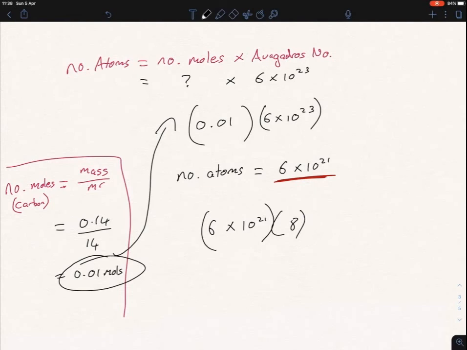Because if there's 8 neutrons per atom, and this is our number of atoms, this is going to be the total number of neutrons. When you multiply the two together, you get 4.8 times 10 to the power 22 neutrons. And that is our answer.